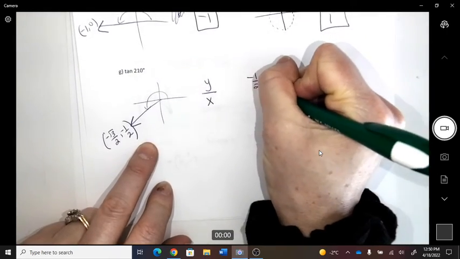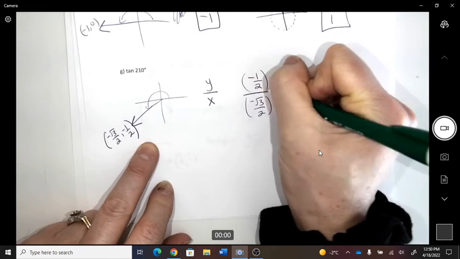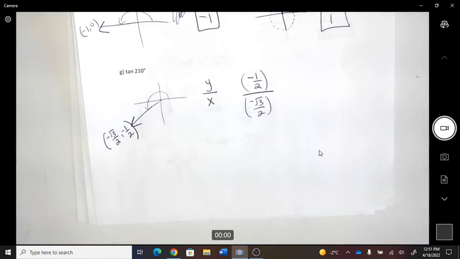Okay, now you're going to do the math. So y divided by the x, that's what it tells me to do with tan. So the y divided by the x, if I look at this right now, my answer is what?